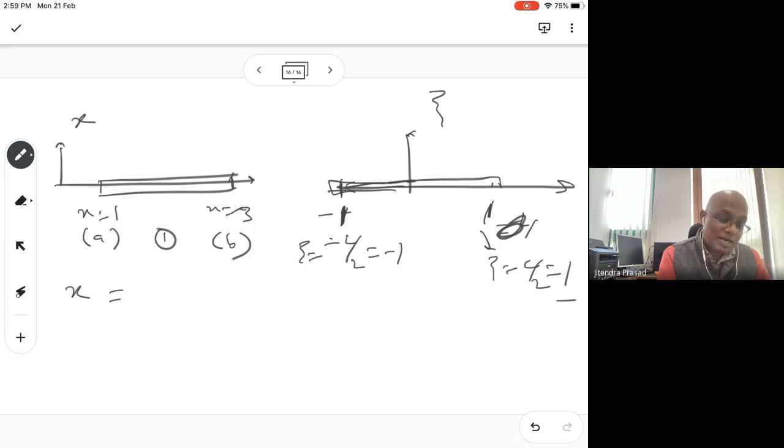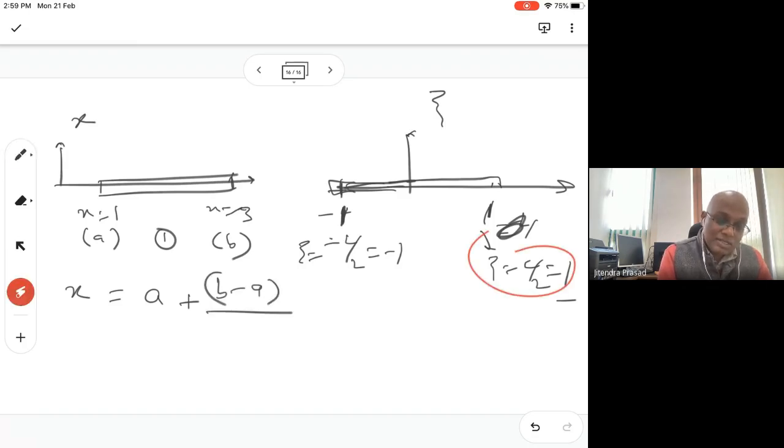Same question you can apply. So x equals a plus the ratio of the two. The ratio here is b minus a divided by 2, since the range of xi is 1 minus minus 1, which becomes 2.